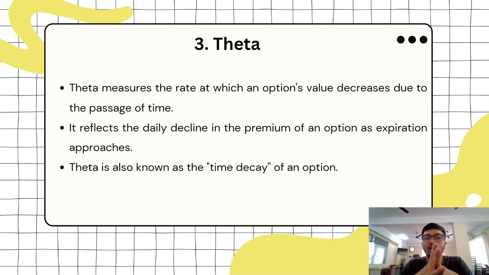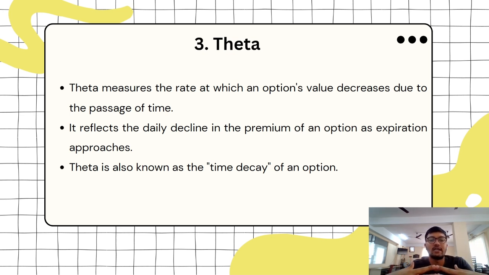Let's talk about theta. Theta measures the rate at which an option's value decreases due to the passage of time. The most important thing, why I was telling you that options are a depreciating asset, is that as time is passing by, you're actually losing it. So it reflects the money you're losing each day.